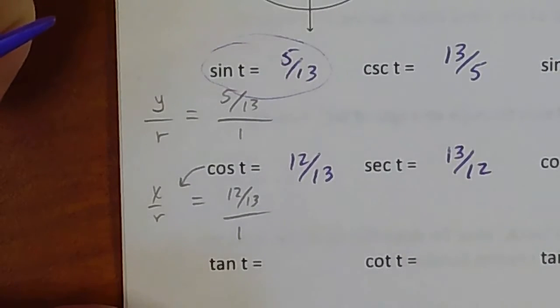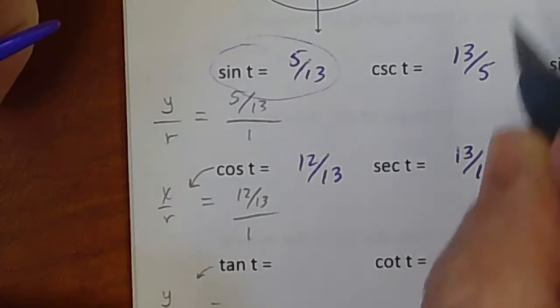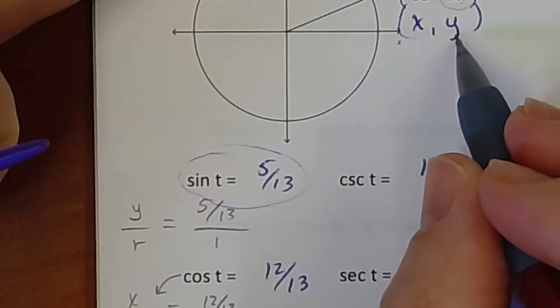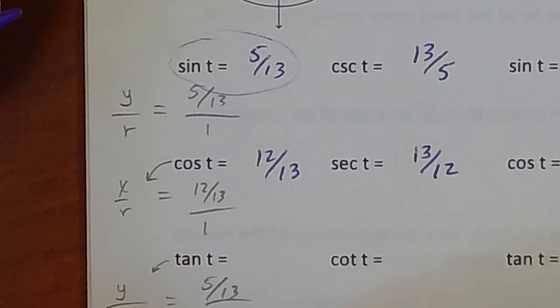Tangent and cotangent sometimes get a little bit messier. So remember, tangent is always y over x from that definition I put up there. So y over x. y was 5/13 from the coordinate, and then the x value was 12/13.